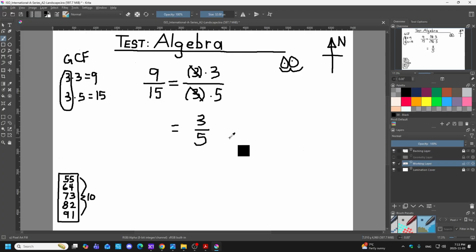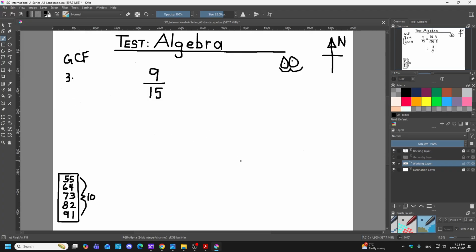Let's quickly do another. 26 over 100. So again, you want to find the greatest common factor. Now that may be a little difficult at first, but if you have to reduce in 2 steps, that is fine as well.